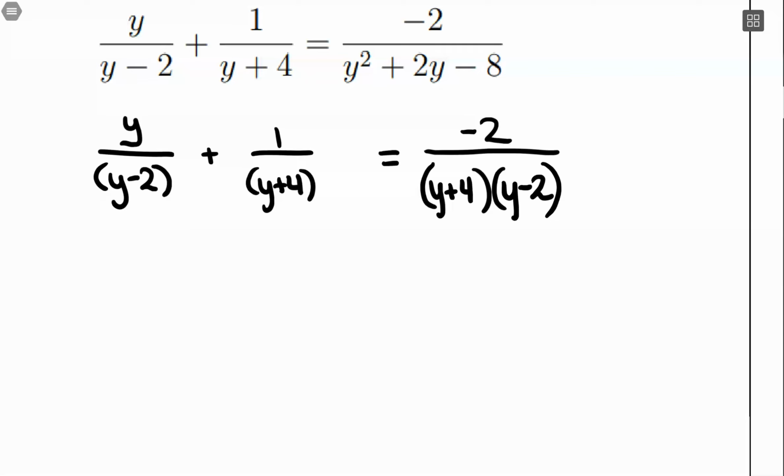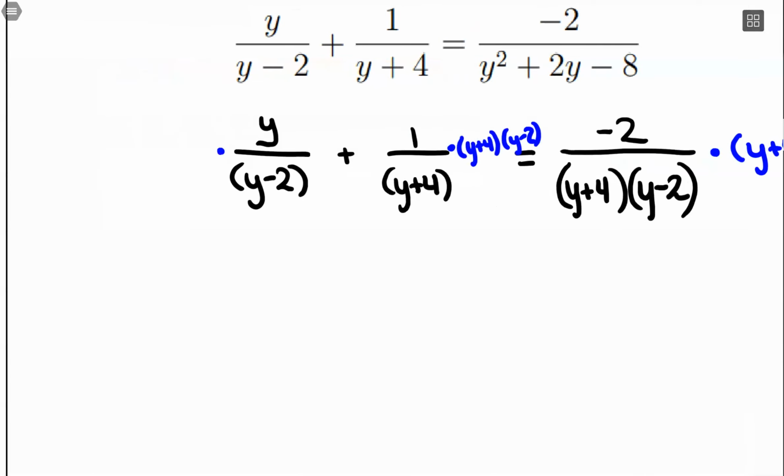That multiplies to negative 8, adds up to positive 2. So the LCD is going to be the multiplication of those two pieces. So we're going to be multiplying every single term by y plus 4 times y minus 2.